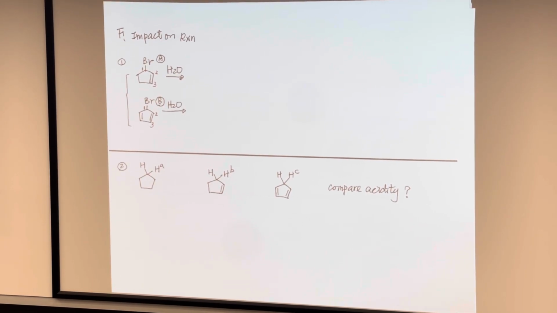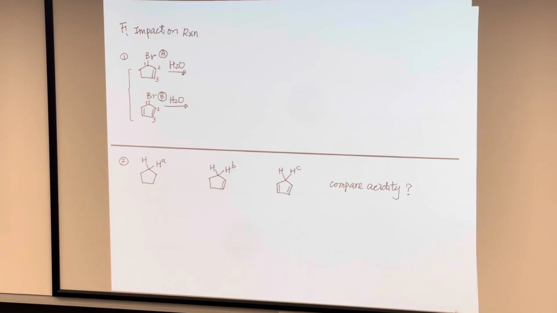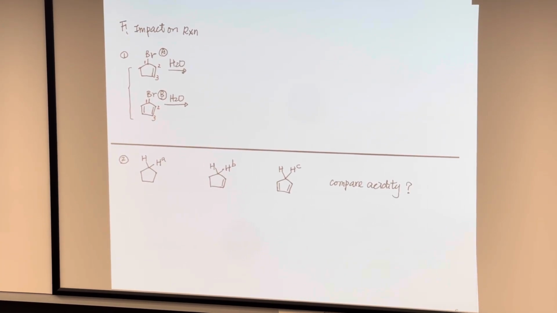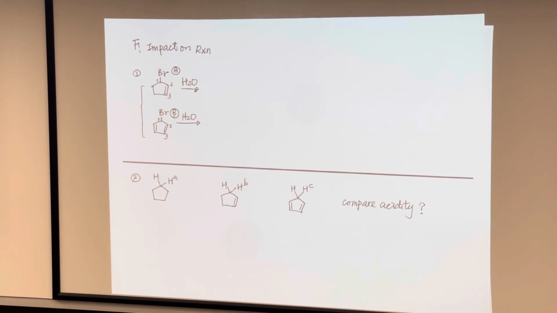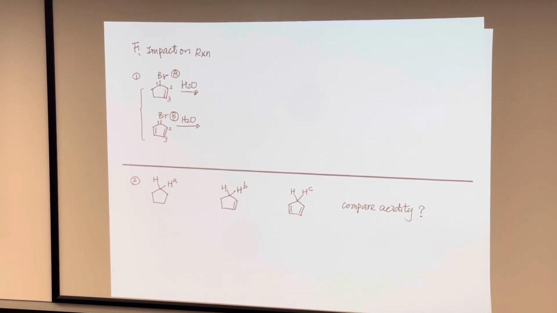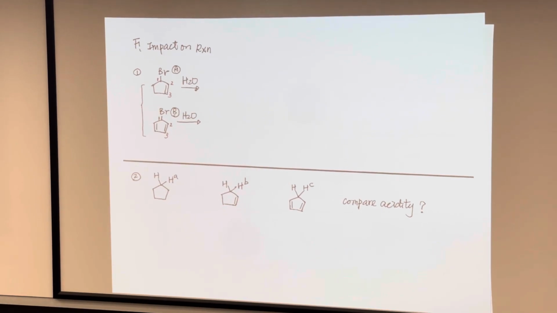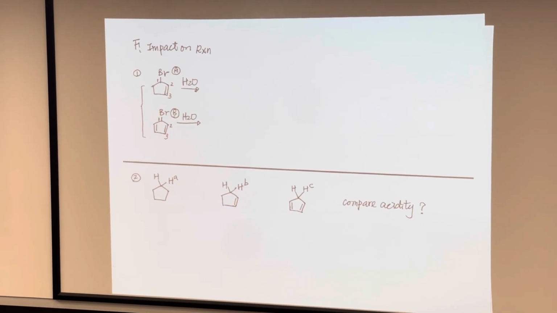So let's take a look at the application here. How we can apply aromaticity and anti-aromaticity to a chemical reaction. Okay? So molecule A, molecule B, now we got water over there. I want to do an SN1 reaction. Hey, what is the first step in SN1? Bromine leaving, right?